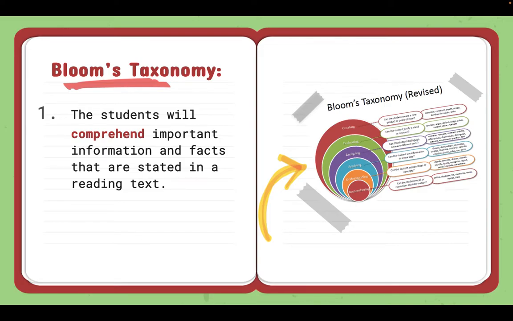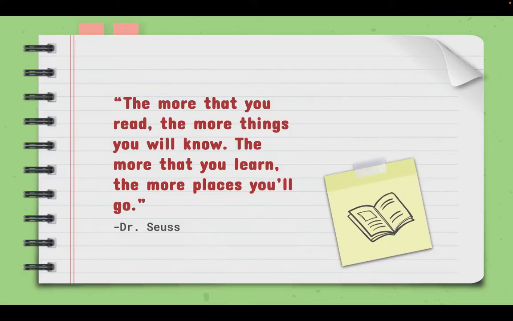Students will comprehend important information and facts stated in the text and use that towards the quizzes that some of the books have at the end. However, as far as I'm aware, and I could be wrong, teachers can make quizzes, but I don't believe that students can make quizzes after those books. So I feel as though this is very low on the Bloom's taxonomy end.